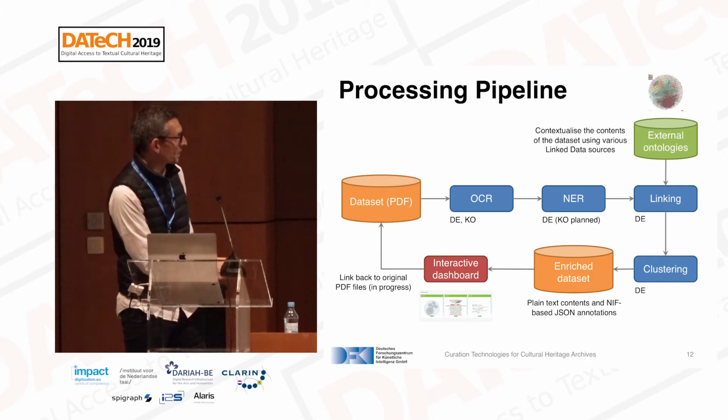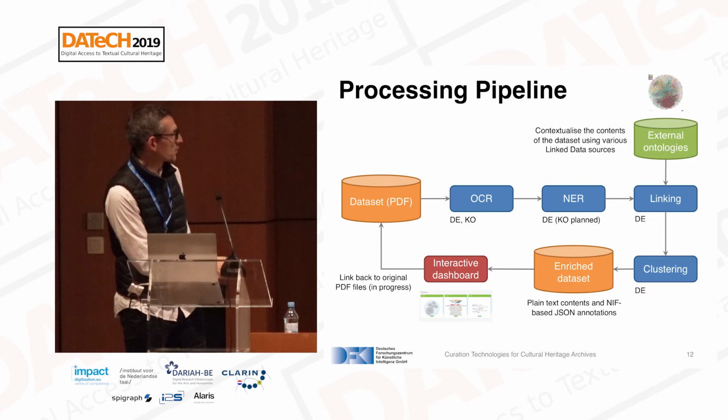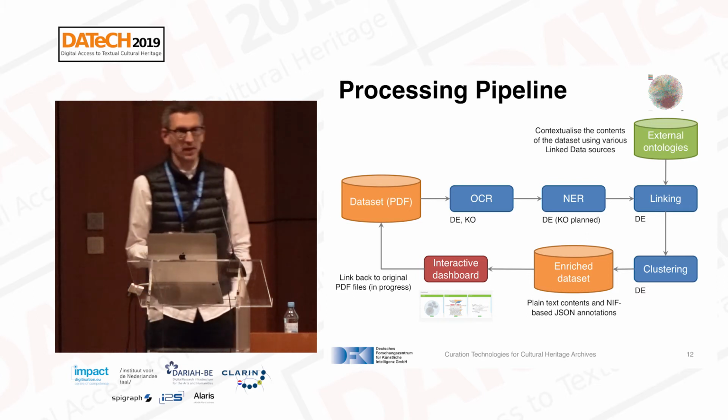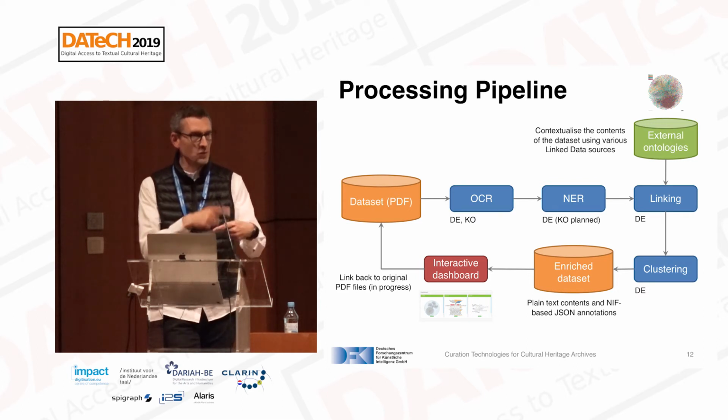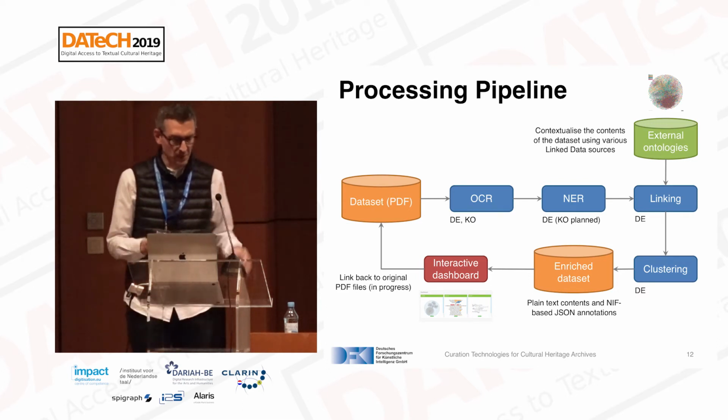Then we do a little bit of clustering based on old school Weka. Then we produce an enriched data set. These are plain text files and NIF-based JSON annotations, NIF being the NLP Interchange Format. This goes into the interactive dashboard, which I will show to you in a minute. And then we need to just link back to the original file so that it's all integrated.